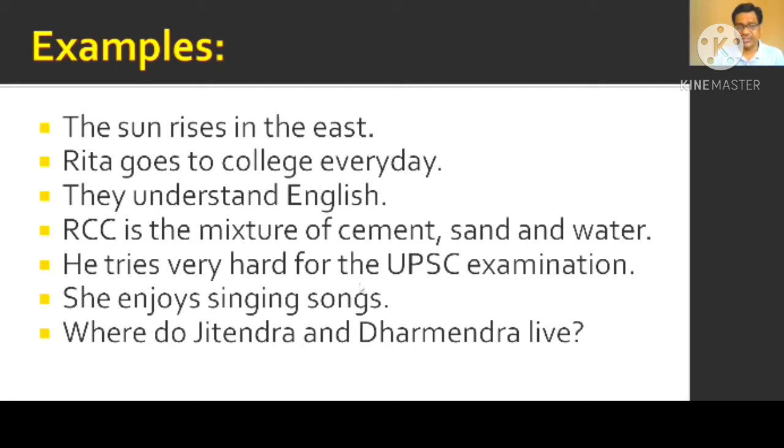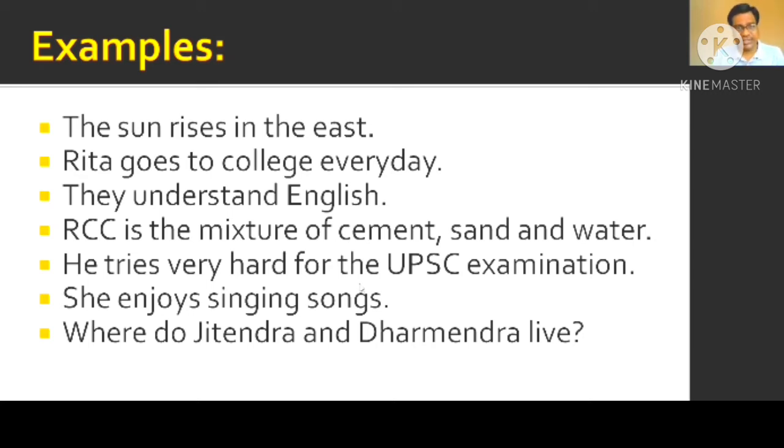But since the subject is third person singular number, we are expected to use the -s form of the verb, and the -s form of the verb try is tries, T-R-I-E-S. Y gets converted into I. Again, we apply a suffix -es, and this is the formation of the verb. That is the -s form of the verb.